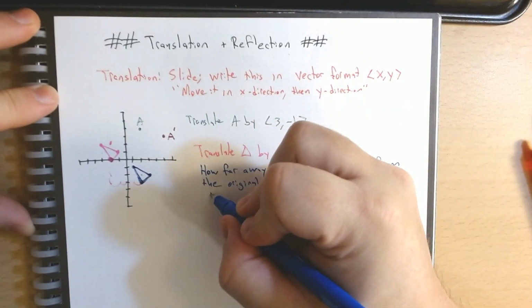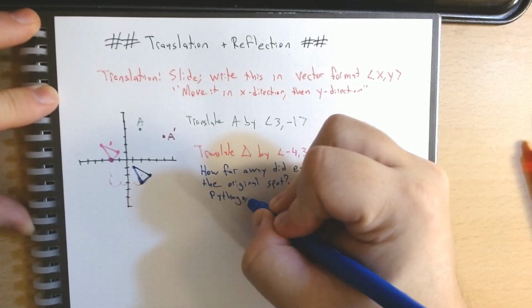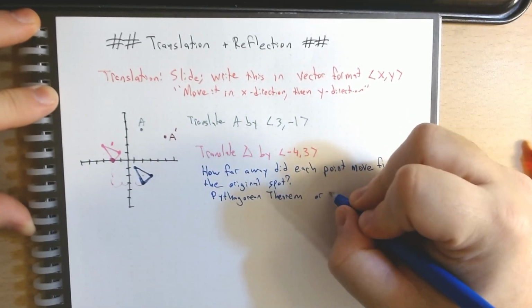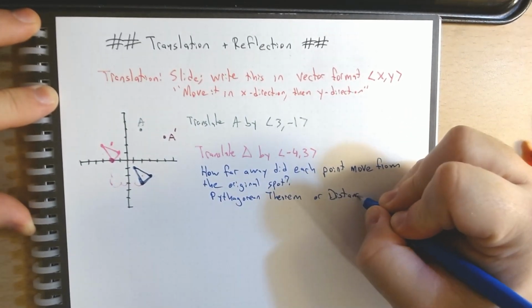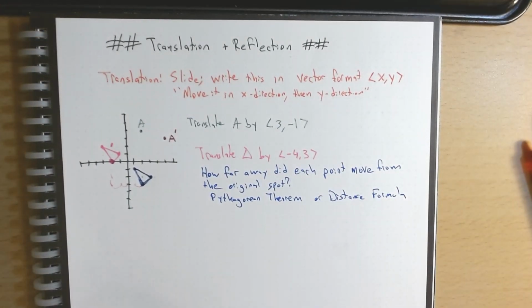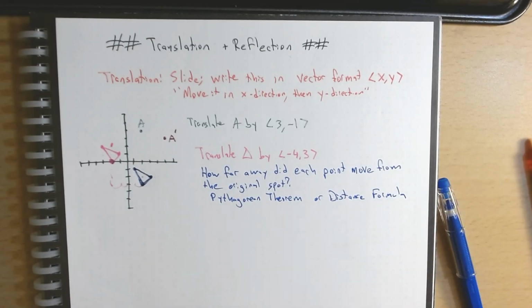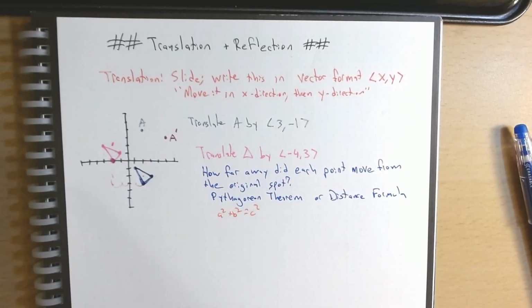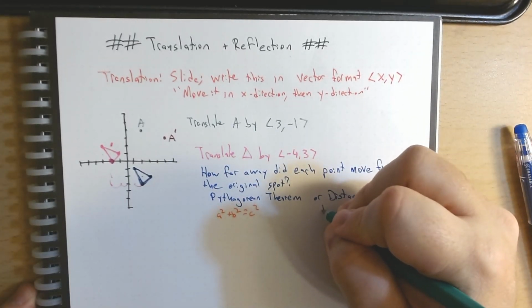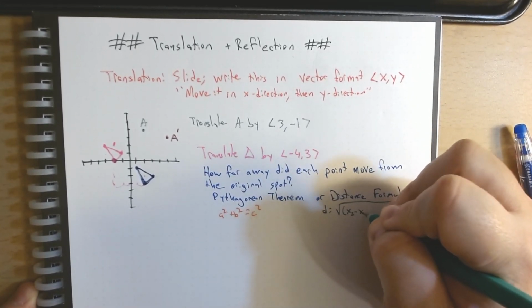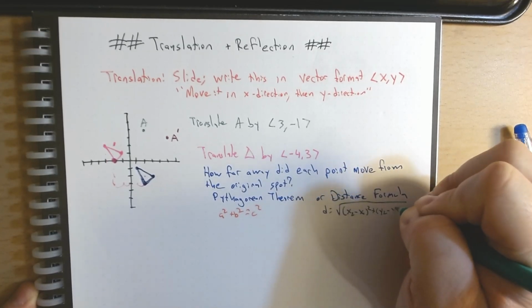And you have two choices: Pythagorean theorem or the distance formula. I prefer Pythagorean theorem. I just think it's easier. So just in case you've forgotten, that's a squared plus b squared equals c squared. And the distance formula, which you should have just done a quiz on not too long ago, is distance equals the square root of x2 minus x1 squared plus y2 minus y1 squared.